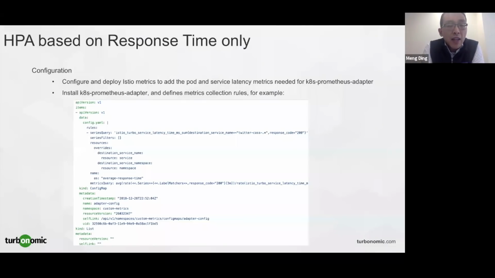Then we install the Kubernetes Prometheus adapter, which is an open source solution, and I believe the most popular open source solution for this particular use case. And we define the metrics collection rules for the Prometheus adapter, such that the Prometheus adapter is able to collect and expose this metrics endpoint.